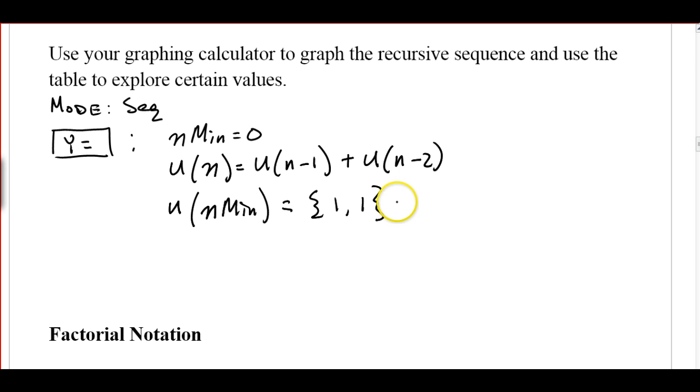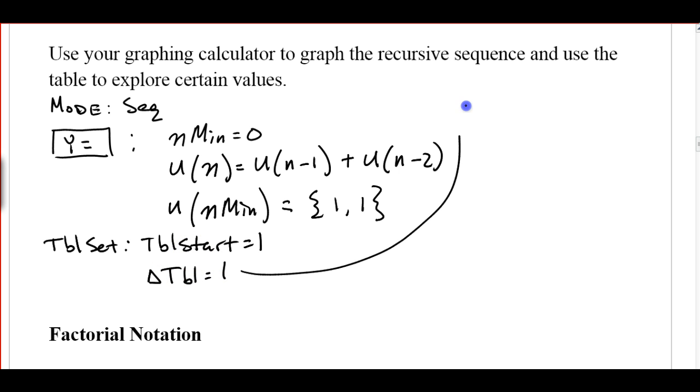One more thing before we go to look at the table. If you go to your table set, you want to change your table start to 1, and your delta table also to 1.